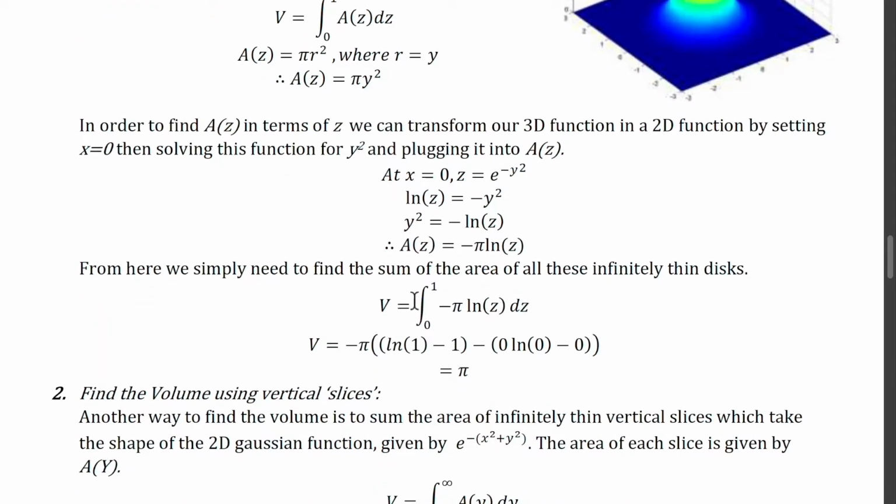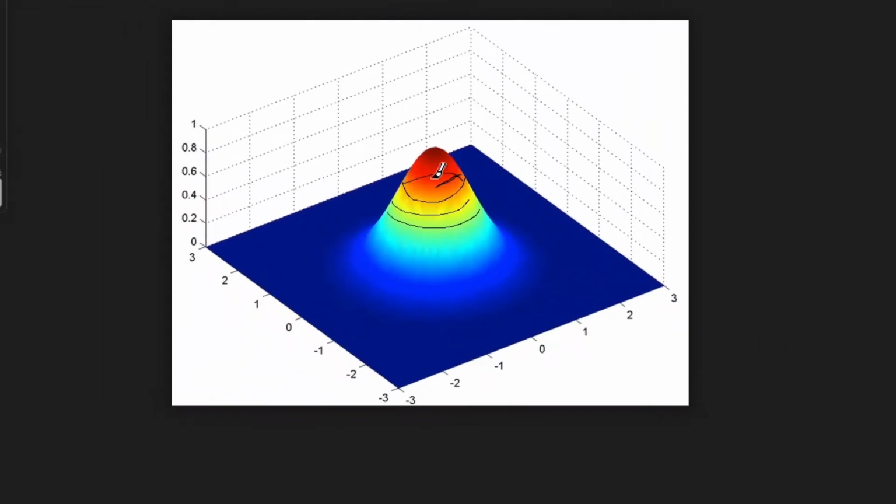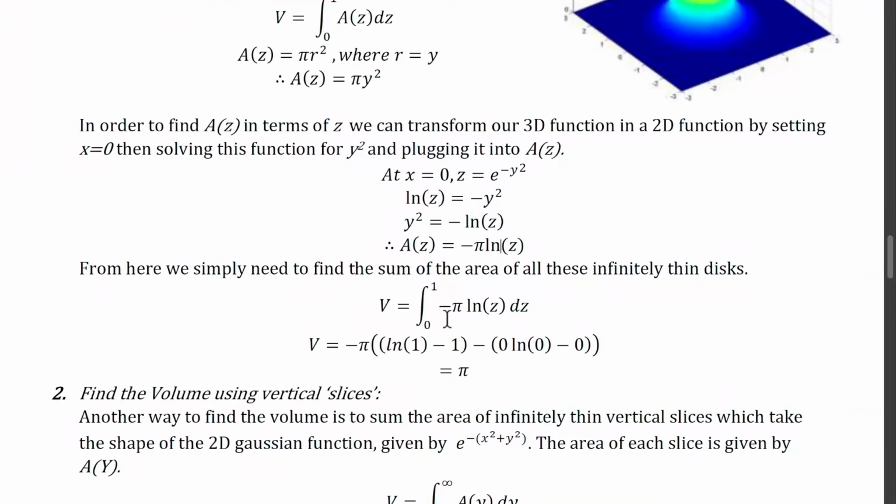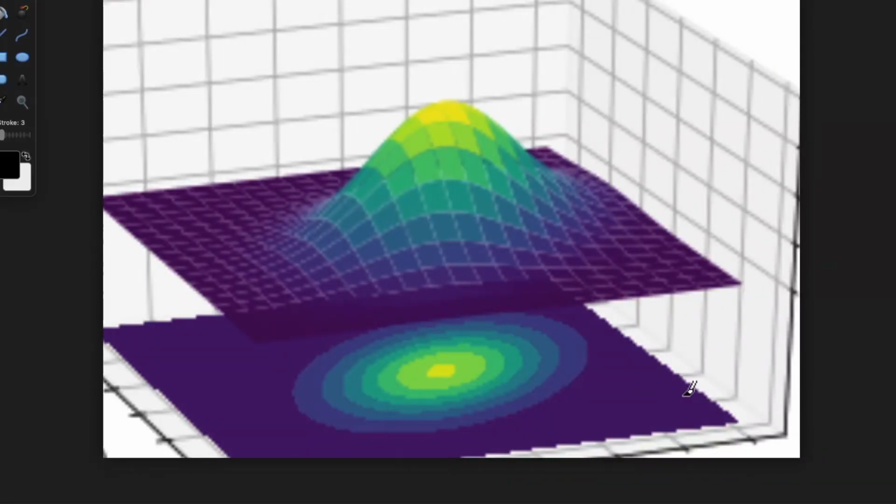Then we simply need to integrate this area between 0 and 1, since that's the height of the Gaussian. Start at 0 up to 1. Then we're given the volume here, which is negative pi times this, which is negative 1. And we end up with the volume as pi.